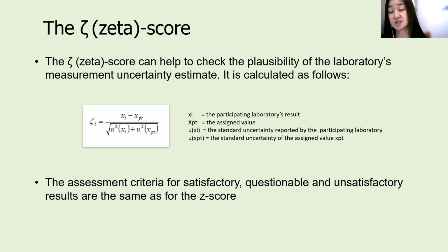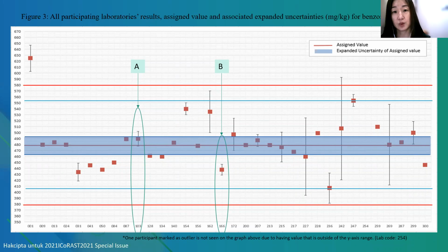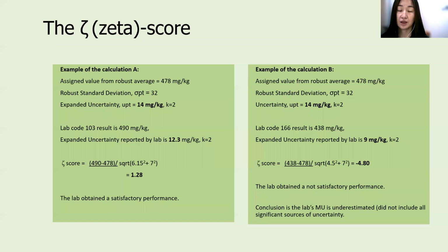The assessment criteria are the same as the z-score: below 2 is satisfactory, over 2 and below 3 is questionable, and 3 or more is unsatisfactory. From here, we can see all the participants' lab results, assigned value, and associated expected uncertainty. I give an example using lab code 103 and lab code 166 to calculate back the zeta score.